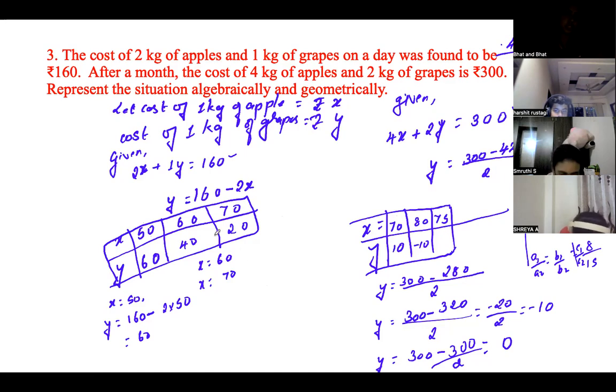Coordinate points means the values of x and y should be the same for at least one of them if they are intersecting, correct? But if you look at these 2 tables, they are not the same. So we can say that they are parallel lines. Coinciding means all of them will be the same. Okay.